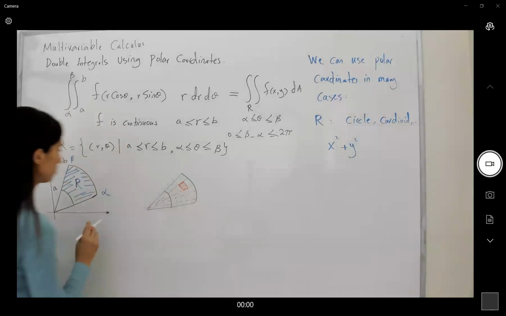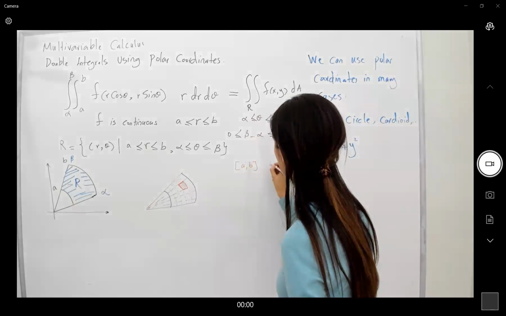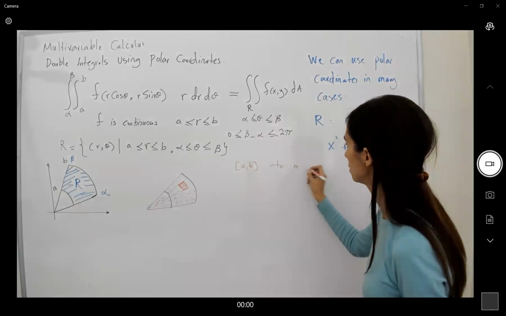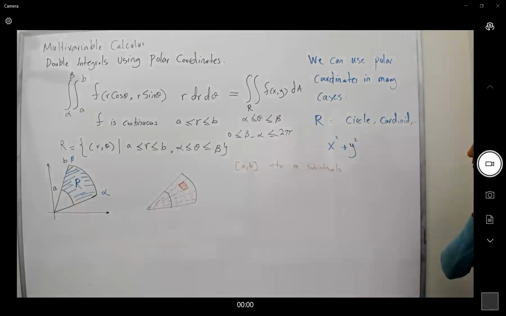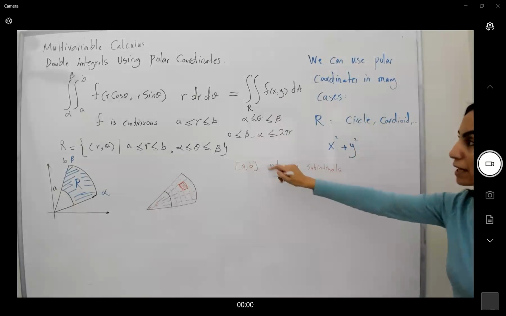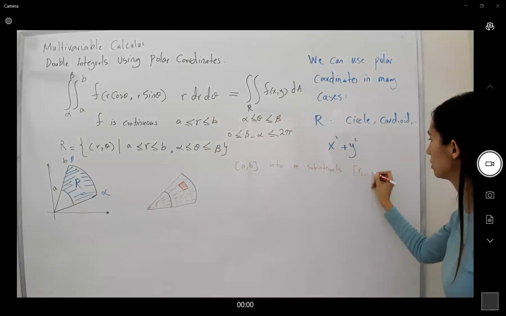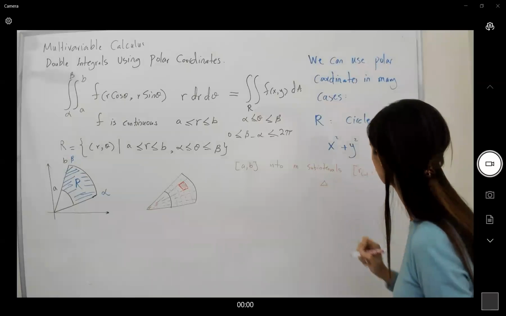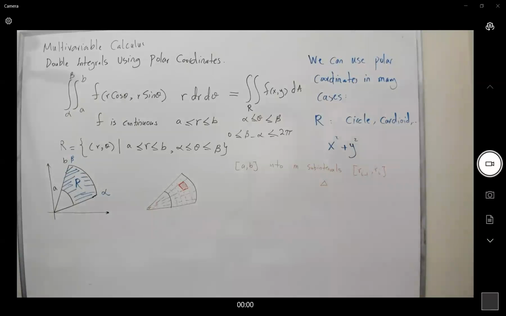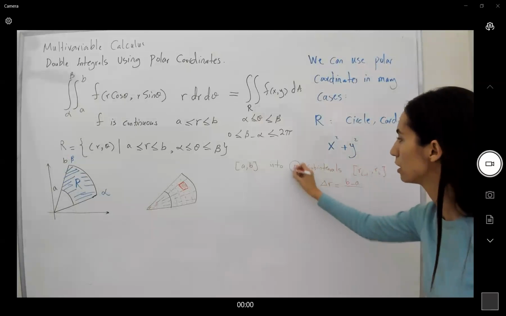First of all, I'm slicing up a and b into m subintervals. Remember that my r is in between a and b, so I get subintervals r i minus 1 and r i with equal width delta r, which is equal to b minus a divided by m.